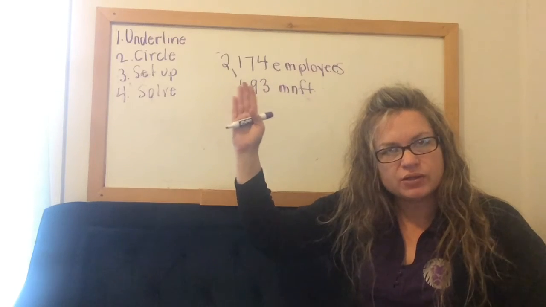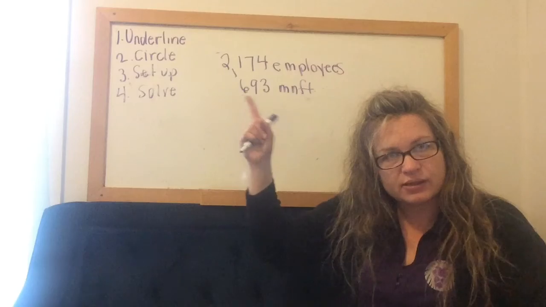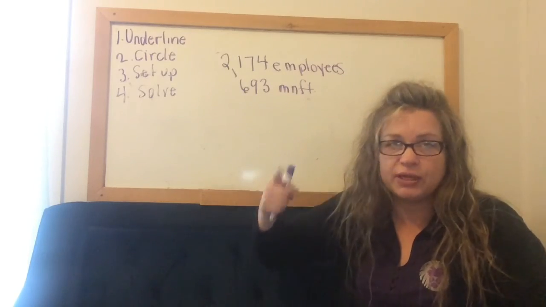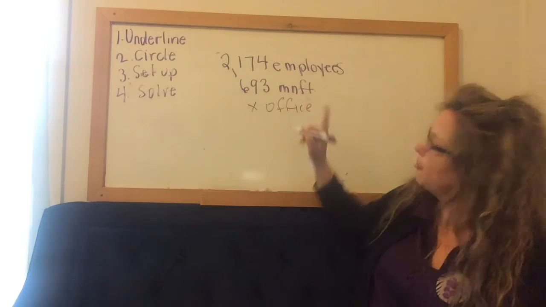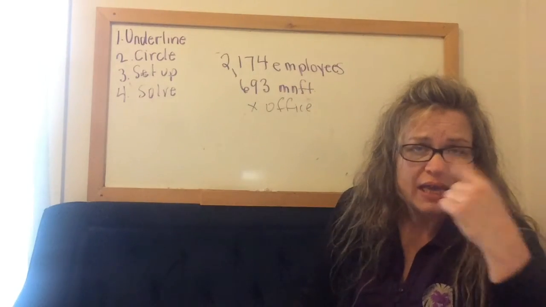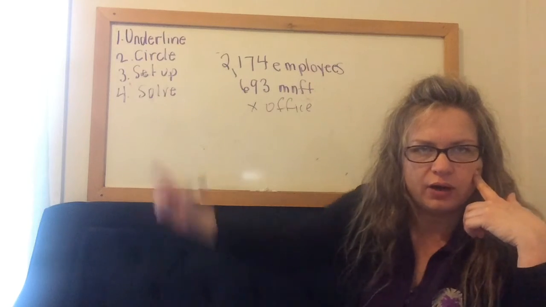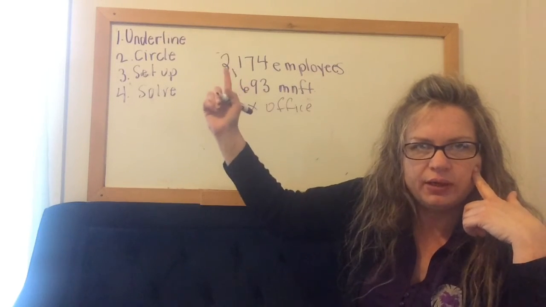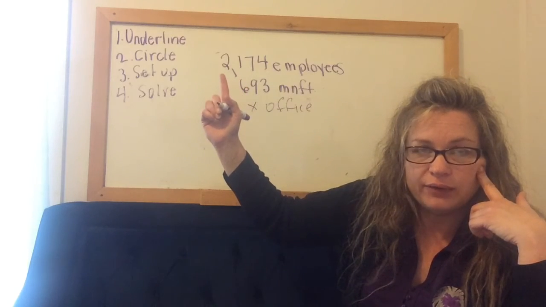So there are 2,174 employees working at this plant. 693 of them are in manufacturing. The rest of them are in the office. Okay? If I'm going to estimate this, I want a rough estimate of how many people are in the office. Looking at this number, I'm going to use this 1 to either round up or round down.